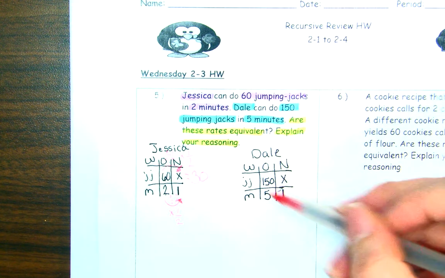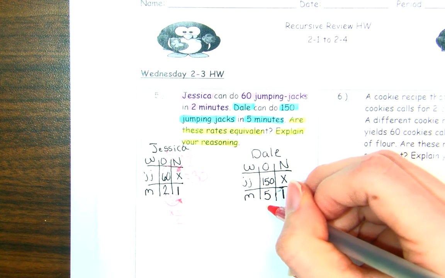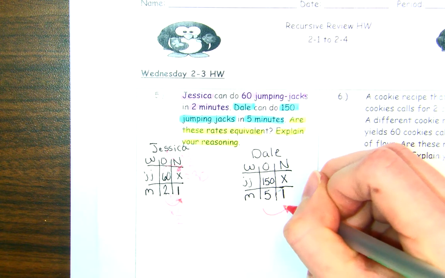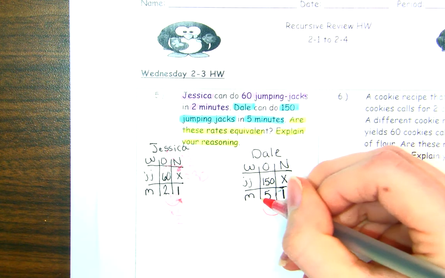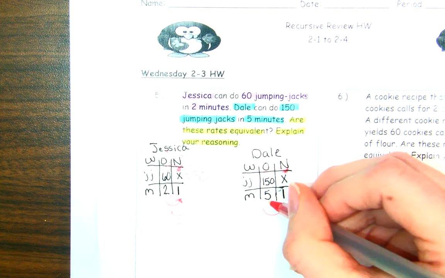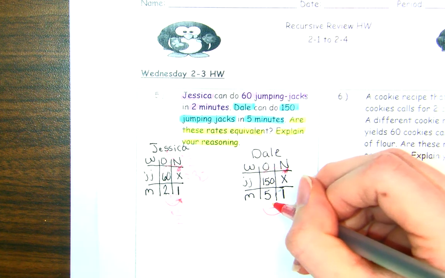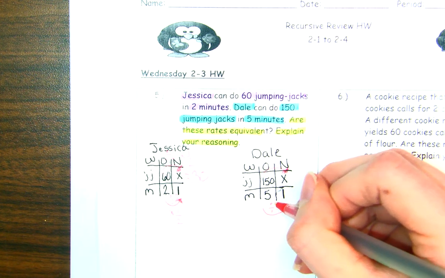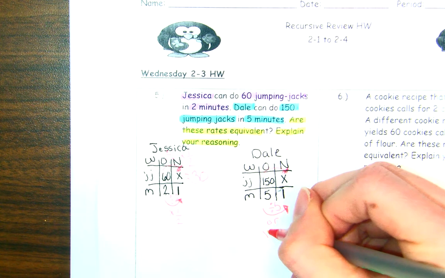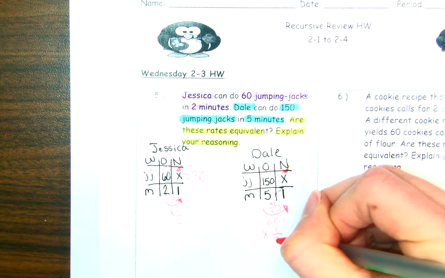Well, let's see how many Dell does. Let's look at his numbers. So we want to get from 5 to 1. Notice I got smaller. I said 5 to 1 because I'm going in the direction of X. So here we would say 5 divided by 5 gives us 1. Or we could say that we were multiplying by 1/5.